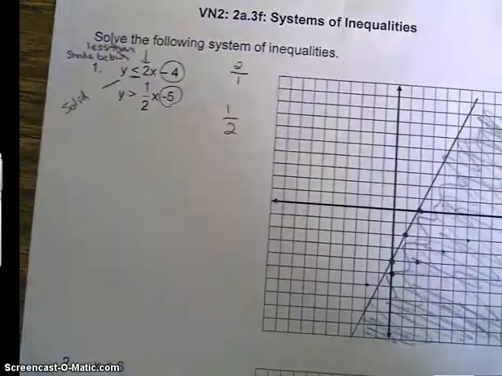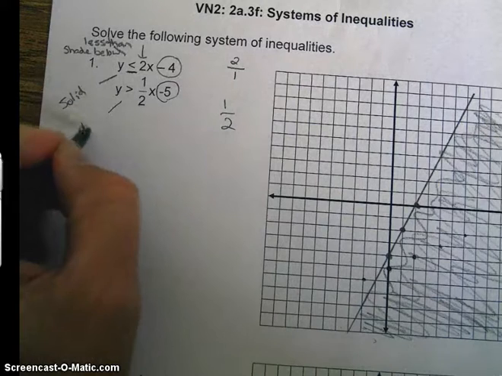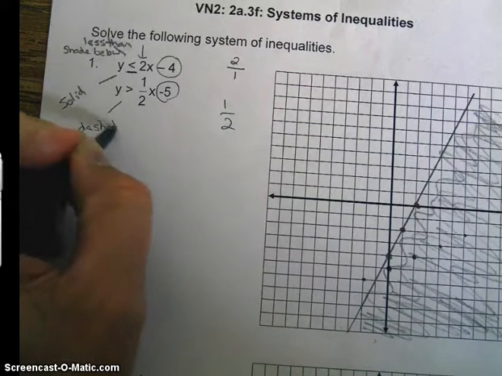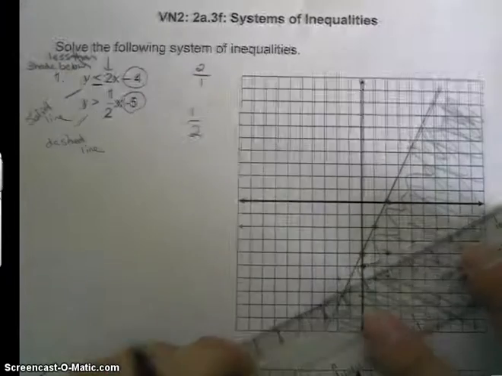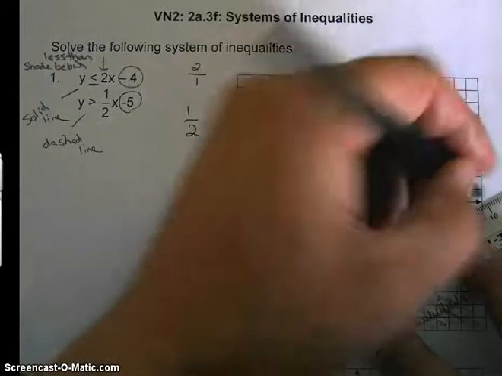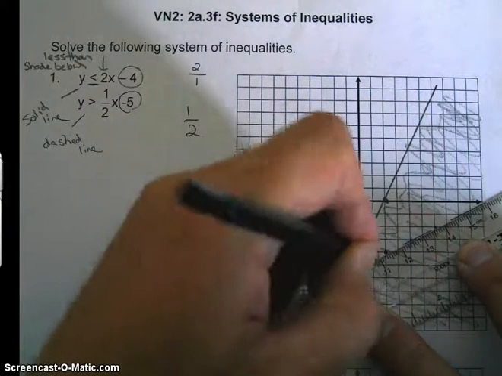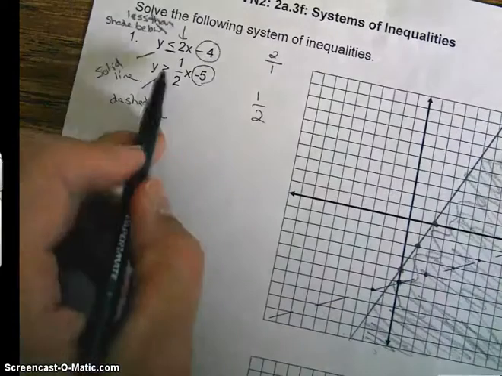Okay? And notice there's no equal sign. So this one is actually going to be dashed. A dashed line. So solid line, dashed line. Okay, and then it's a greater than symbol.